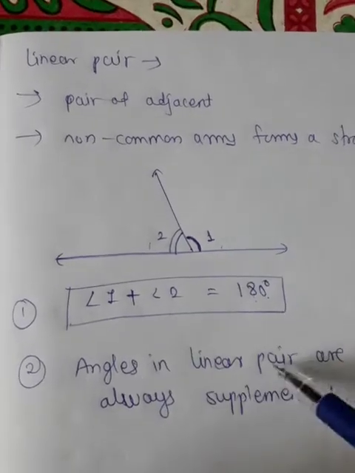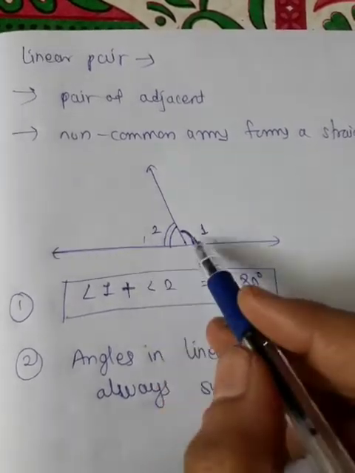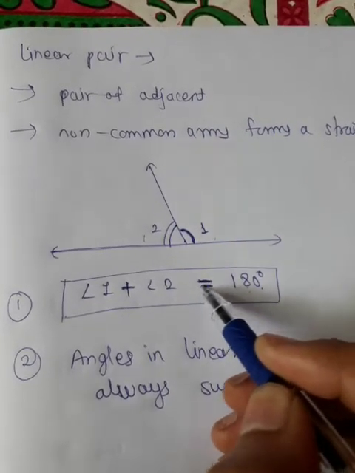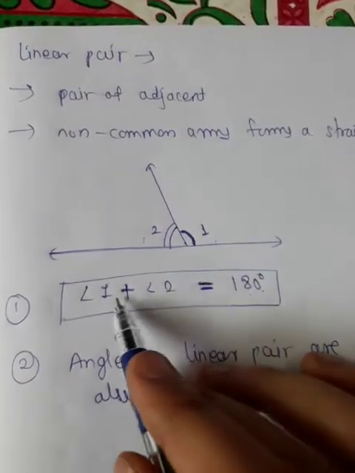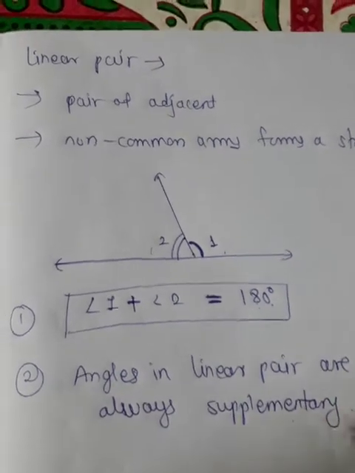So remember these two properties about a linear pair: if two angles are in a linear pair, then their sum is 180, or they are always supplementary.